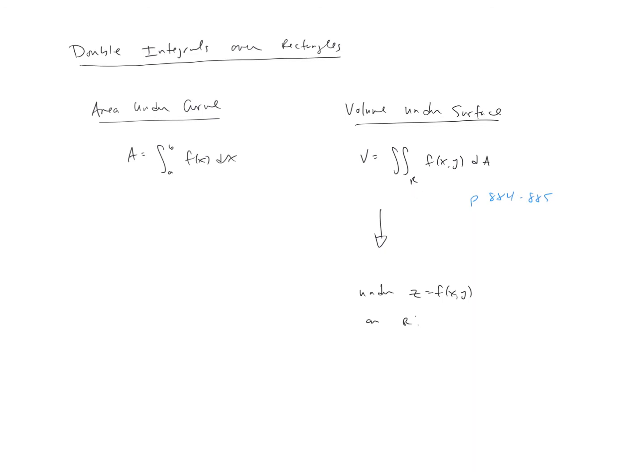And most of the time it's presented in such a way that it might look like this. Let's say a less than or equal to x less than or equal to b, and let's say c less than or equal to y less than or equal to d, where a, b, c, and d are constants, and then we have our x and our y being defined as independent variables in the function.